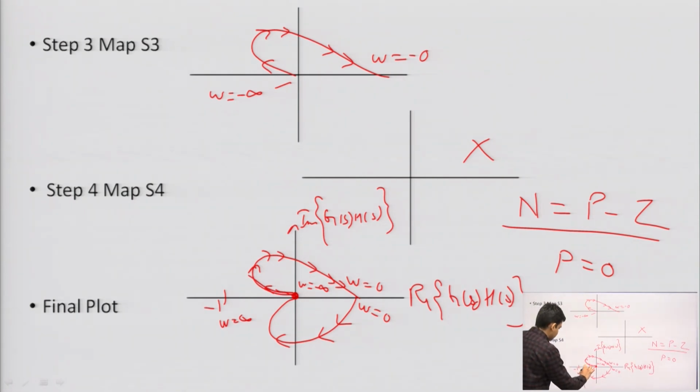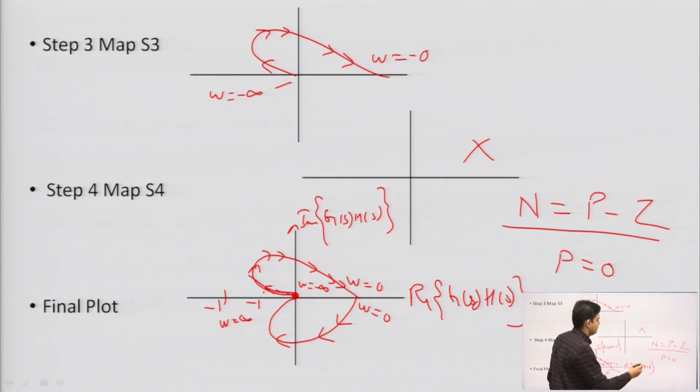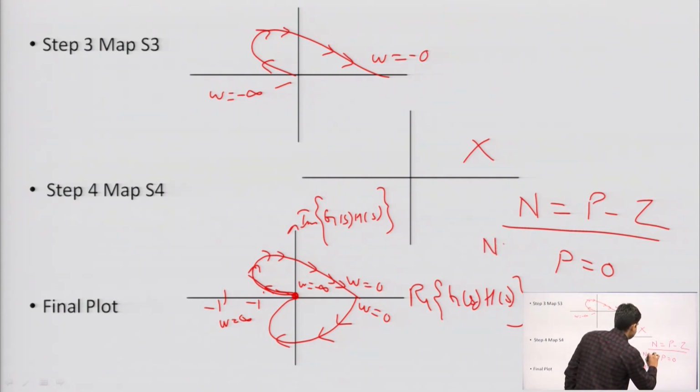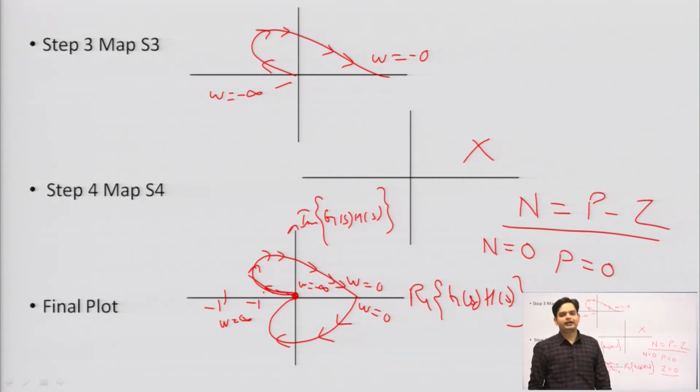It means I can assume minus 1 anywhere, it will not cut this axis. It means the number of encirclements around minus 1 is 0 and we can say here Z is equal to 0, right. If Z is equal to 0, so we can say our system is stable.